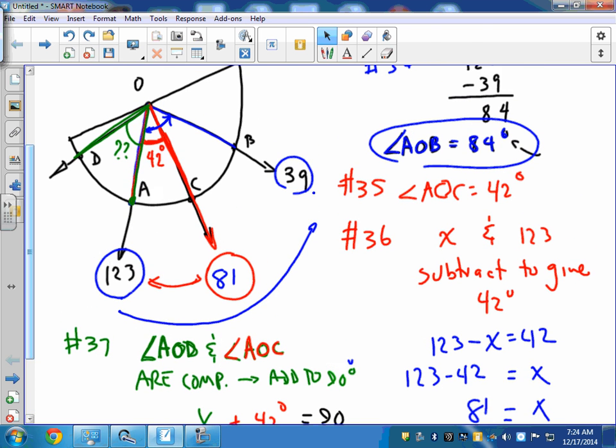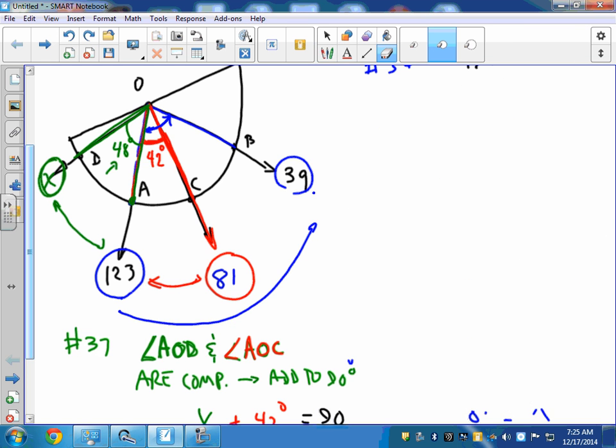And I'll go ahead and put it up here in our little diagram. AOD is 48 degrees. Okay, the coordinate of ray OD. So now we need this number. But again, remember when we subtract, we're supposed to get the angle measure. So we have X, and we're going to take away 123, the coordinate, and we're supposed to get 48 degrees.